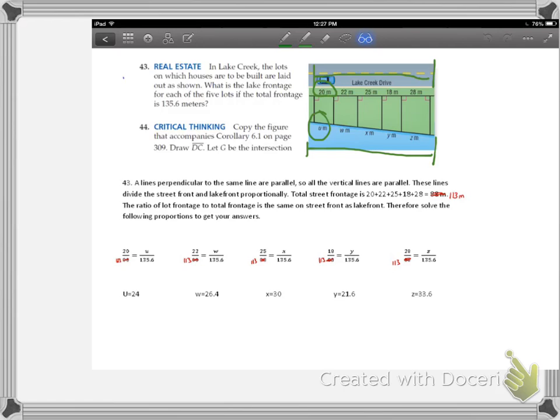The total frontage is 113 along the road. The total frontage along the lake is given in the problem at 135.6. So, for instance, for the value of U, 20 over 113 is equal to U over 136. We solve each of those in the same manner, and we get the answers that are shown.